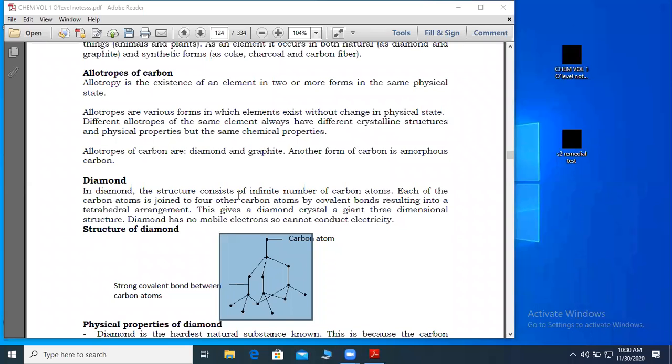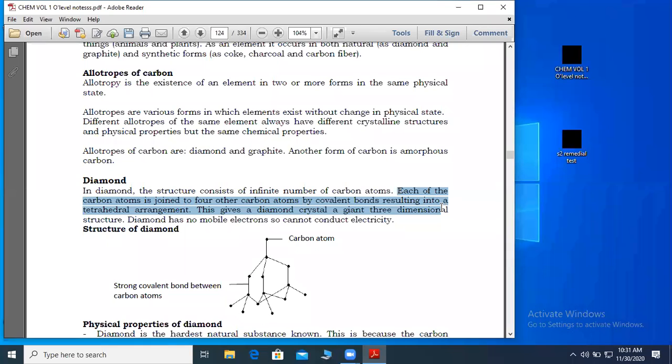You say each carbon atom in diamond is joined to 4 other carbon atoms by covalent bonds, resulting into a tetrahedral structure. So this gives diamond a crystal and giant 3-dimensional structure. So the structure of diamond is in a tetrahedral arrangement.